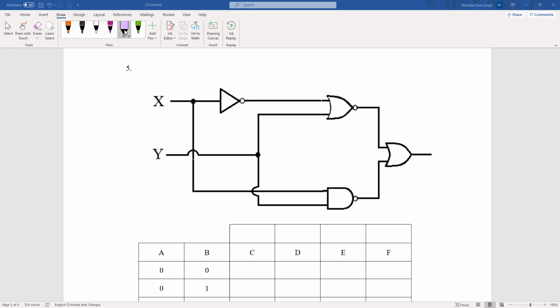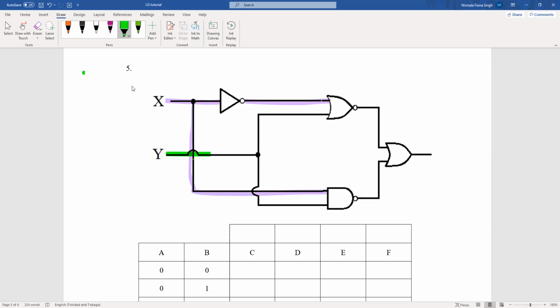So let's see how this will work if you had to analyze this question. Really simple, right? You're going to get X passing through a NOT gate to go to your NOR gate. But then you're going to take some of X and funnel it down, and it's going to go through a NAND gate. Similarly, we're now going to take the Y and break it up and send it all over.